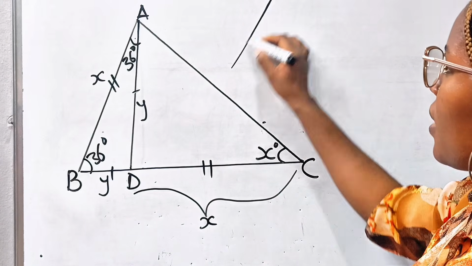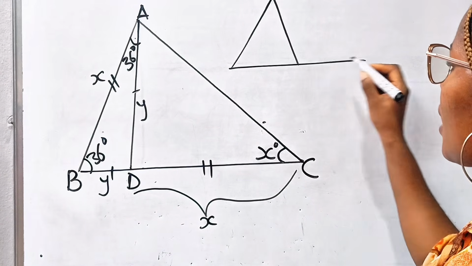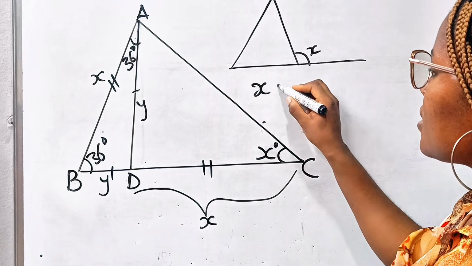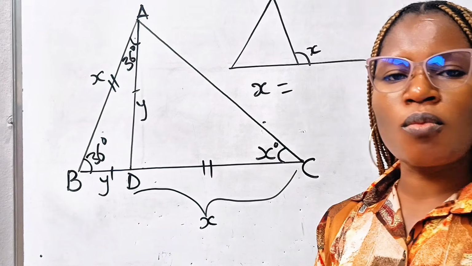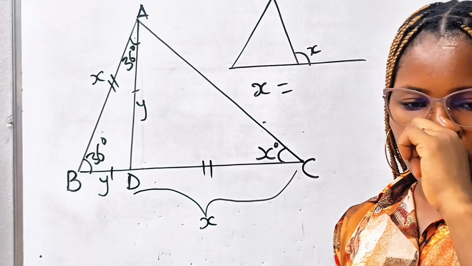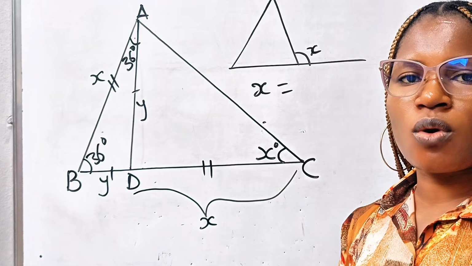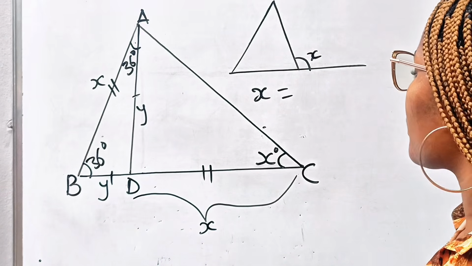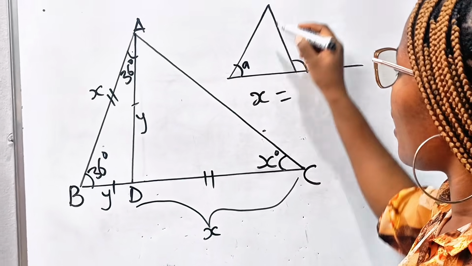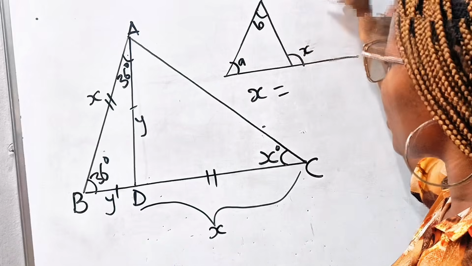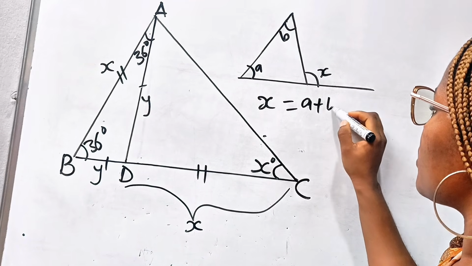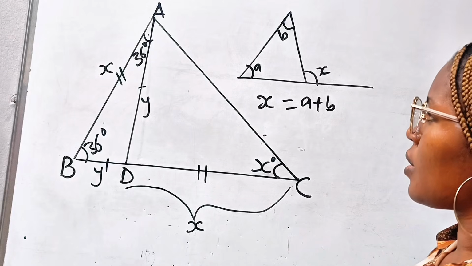Now look at what we have. Remember that if you have a triangle and an exterior angle X, X is equal to the sum of the two opposite interior angles. So if this is A and this is B, that means that X is A plus B, right?